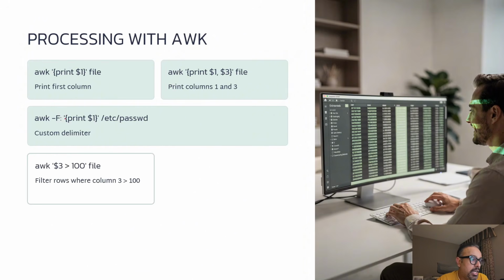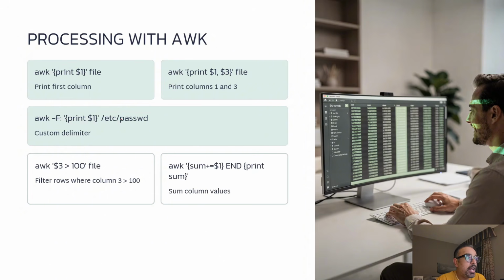Then comes awk '$3 > 100' filename. This filters the rows where the third column value is greater than 100. So AWK can also evaluate conditions and only process the lines that match your criteria. Then awk '{sum += $1} END {print sum}'.